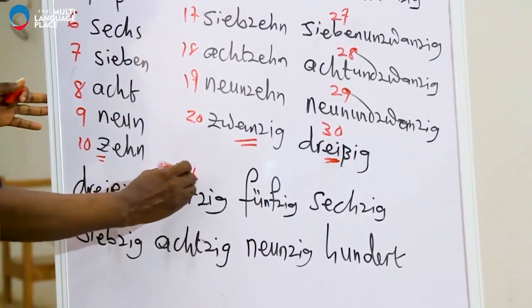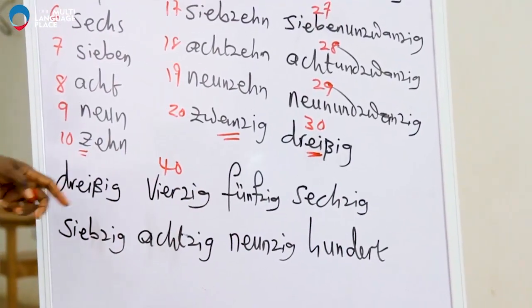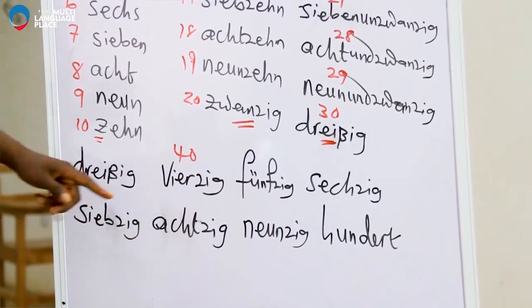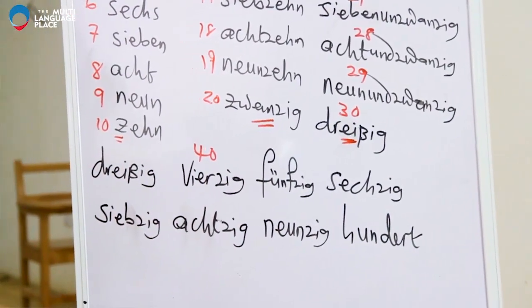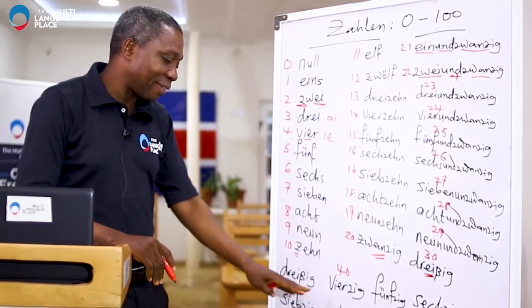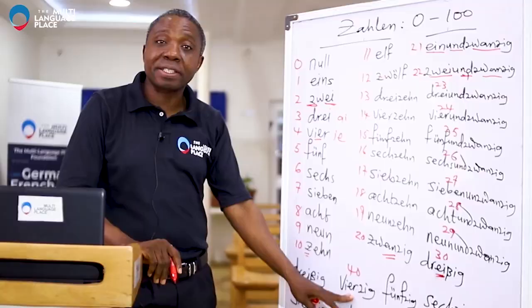This is 40. For instance, ein und 40. Remember the ein, 1, and then plus or and 40. So we have 40, and then 41 will be 1 and 40.